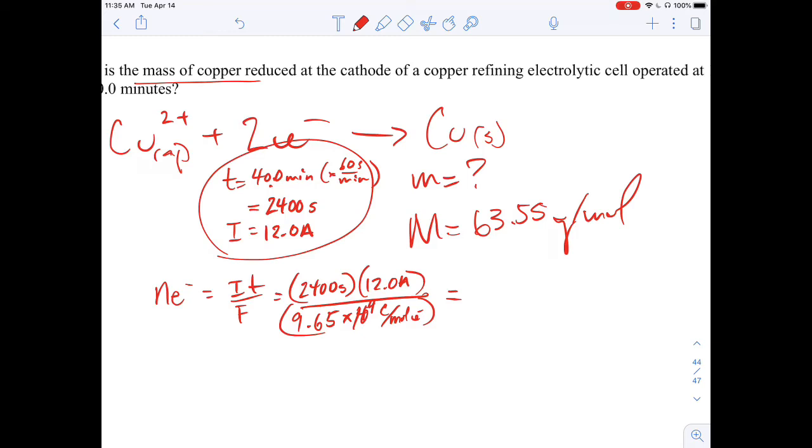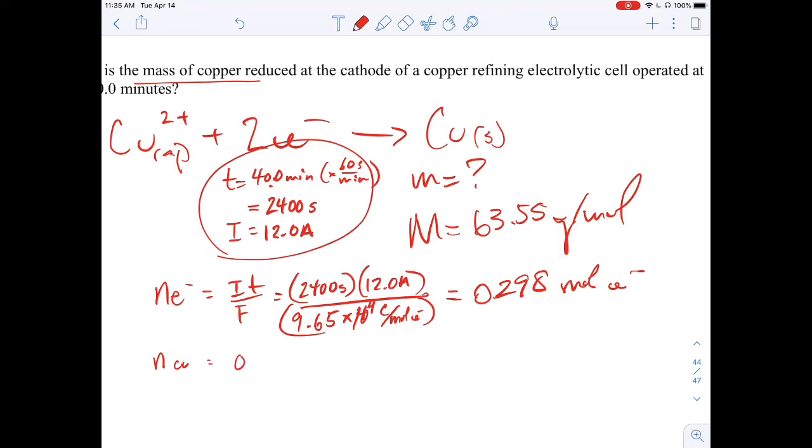And so I'm going to put that into my calculator, and I come out with 0.298 mole of electrons. But I want to know the number of moles of copper.